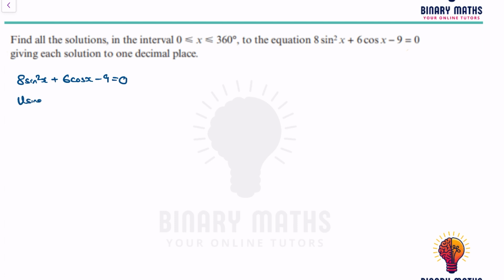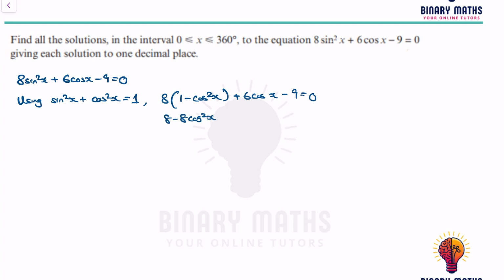So using sine squared x plus cos squared x is equal to 1, if I make sine squared the subject of the identity, I get 8 times 1 minus cos squared x plus 6 cos x minus 9 equals 0. If I expand the bracket, I get 8 minus 8 cos squared x plus 6 cos x minus 9 equals 0.